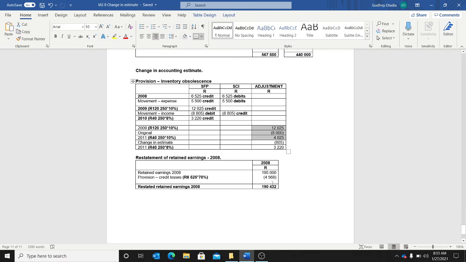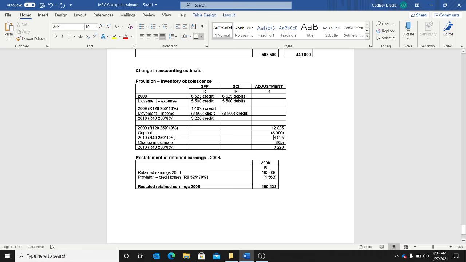But now, if you look at the movement here, it's not 8,000. Do you see? It's not this 8. The difference is caused by the change in estimate. So originally, this is your 8. Now, if you're using 10%, by end of 2010 this should read 10 here, it should not read 11. And also here, it should read 10.